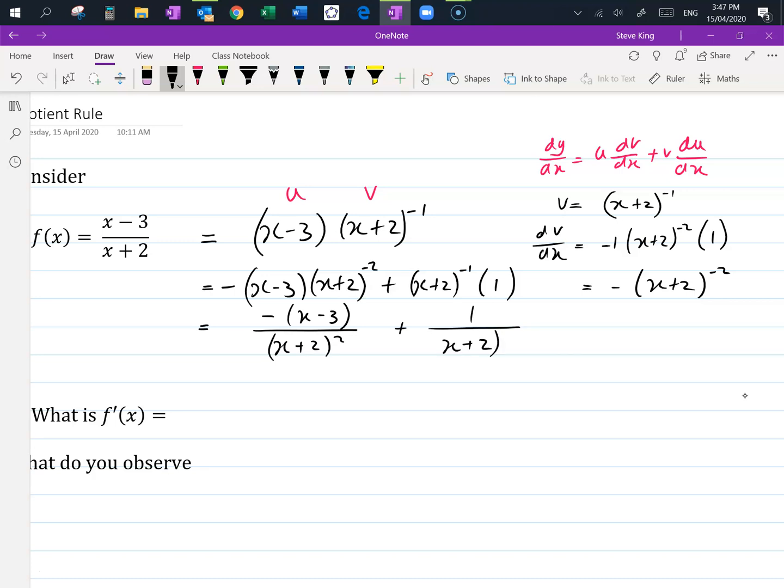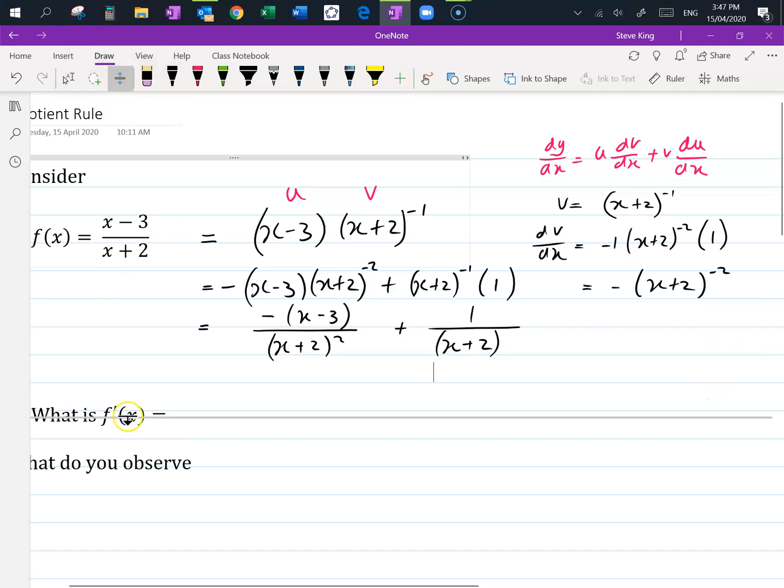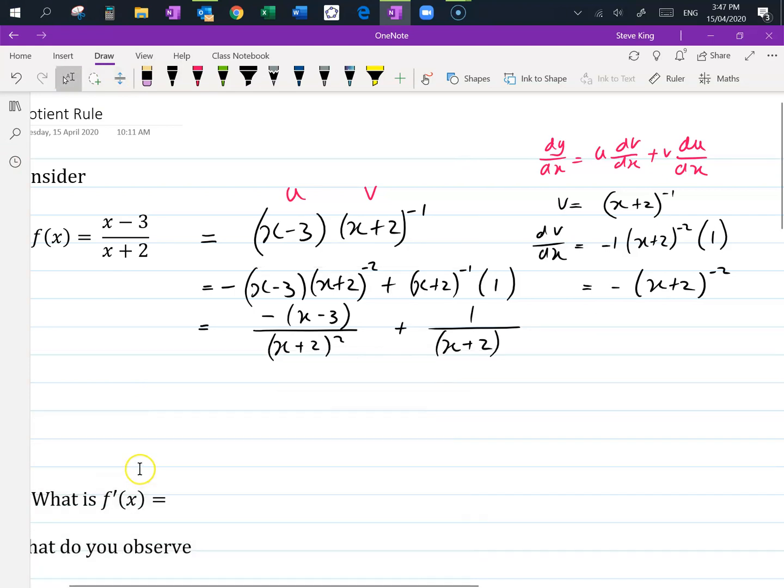Well, that's quite interesting. I've now got two fractions, each with a denominator of x plus 2 as a factor. So in fact, I can join these two together. I can get a common denominator, and that common denominator is going to be x plus 2 all squared.